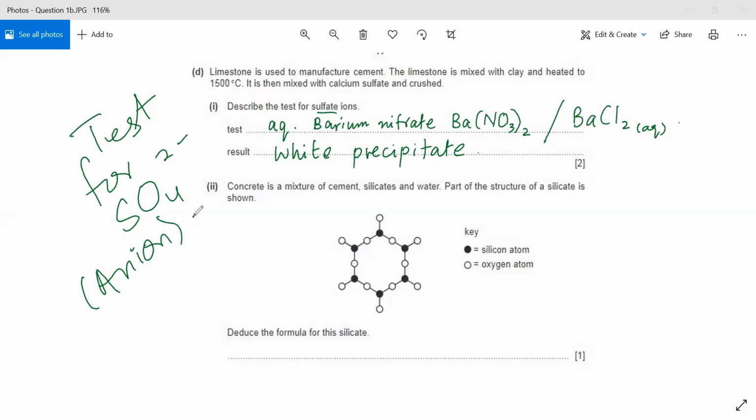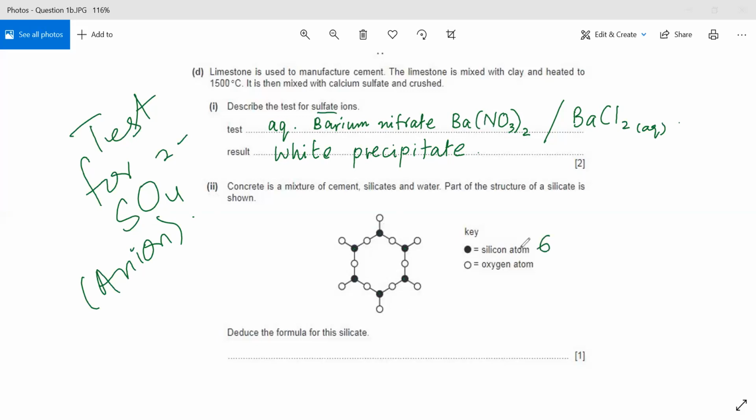Then concrete is a mixture of cement, silicates and water. Here part of the structure of a silicate is shown. They are asking us to deduce the formula. You can count silicon: 1, 2, 3, 4, 5, 6.